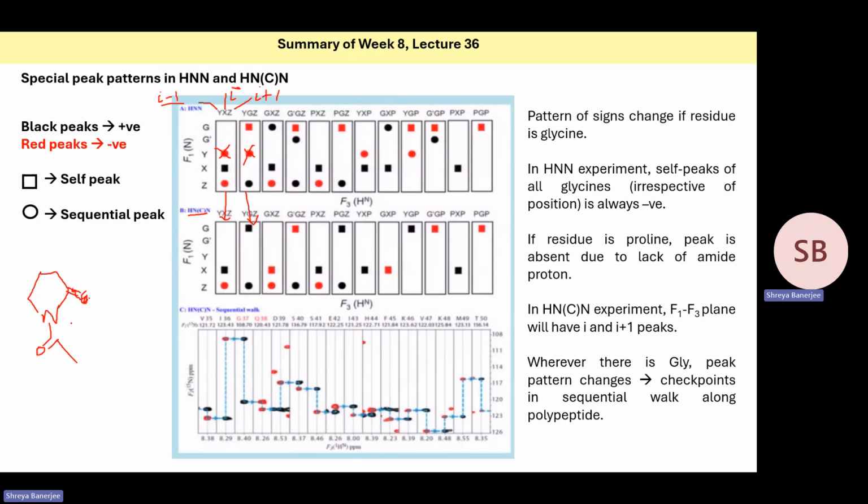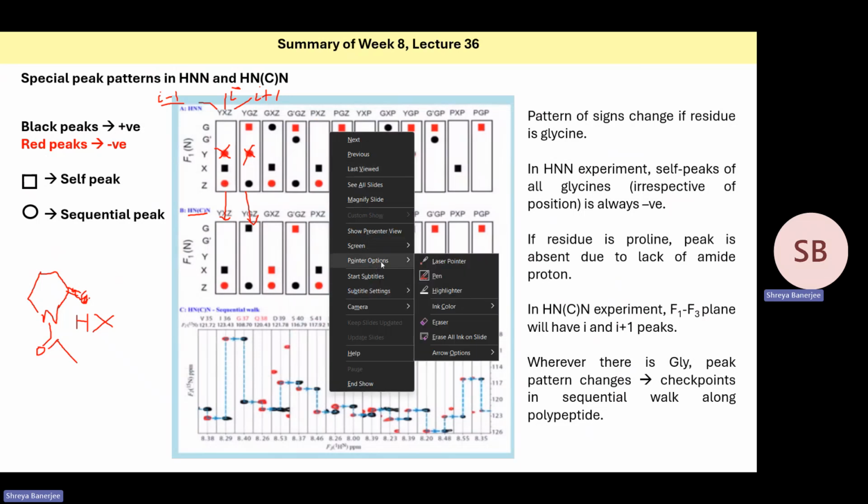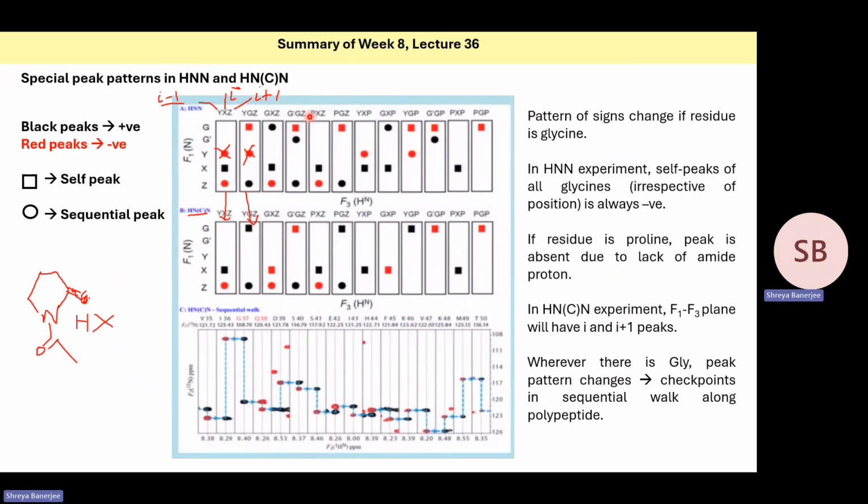So in this proline, there is no hydrogen. If there is no amide hydrogen in the proline, then there will be no peak for proline. So whenever there is a proline in the tripeptide, one peak less is there. Compared to YXZ in HNCN, which has 3 peaks, PXZ will only have 2 peaks.